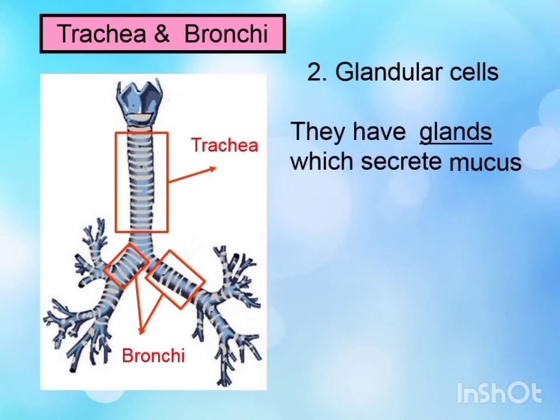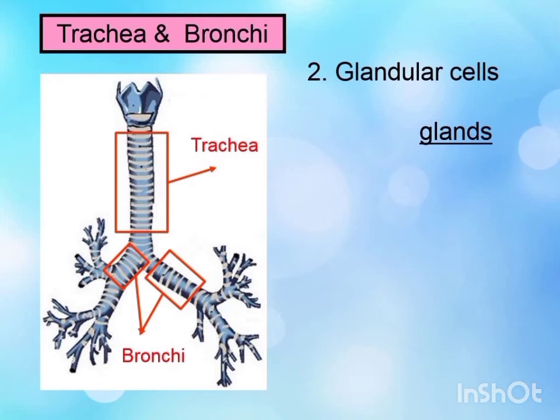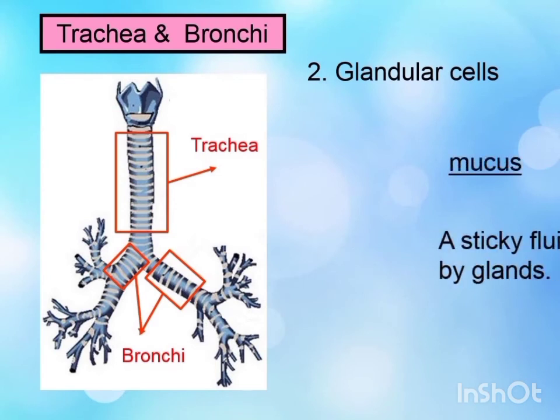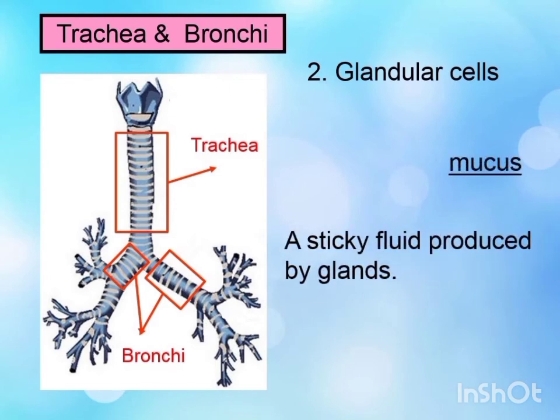Now the glandular cells. They have glands which secrete mucus. What are glands? An organ which secretes hormones or chemicals is called a gland, and mucus is a sticky fluid produced by glands.